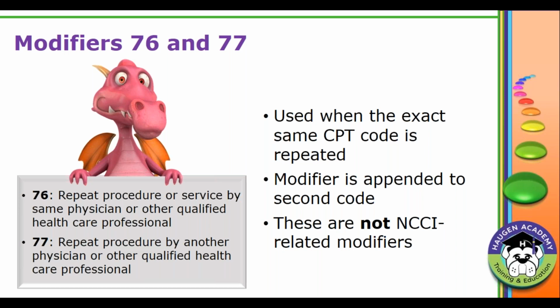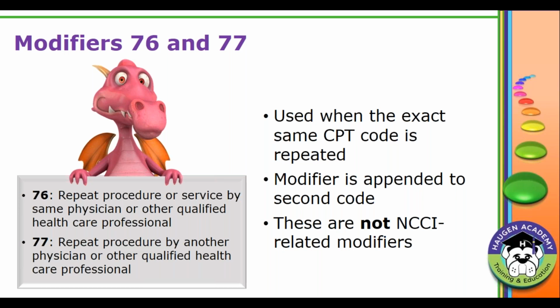And these are the modifiers that we use to prevent that. The way this goes is you report the exact same CPT code twice, and you add a 76 or a 77 modifier onto the repeated code.